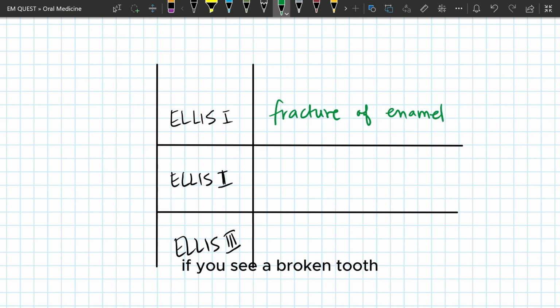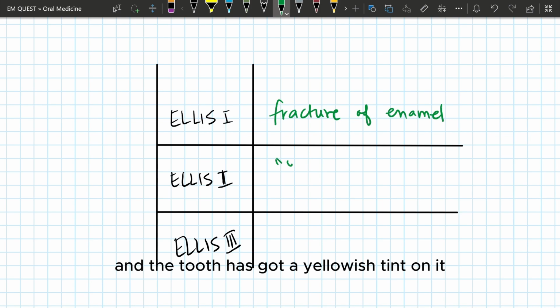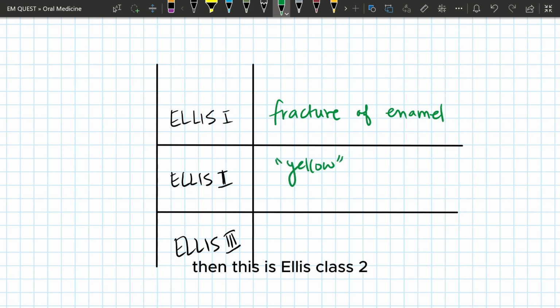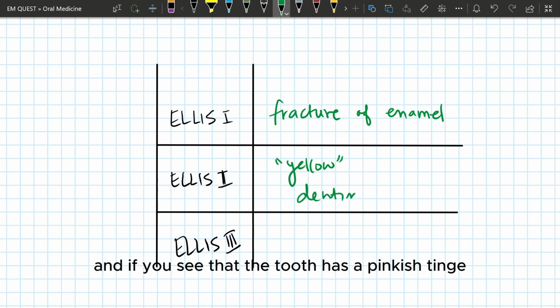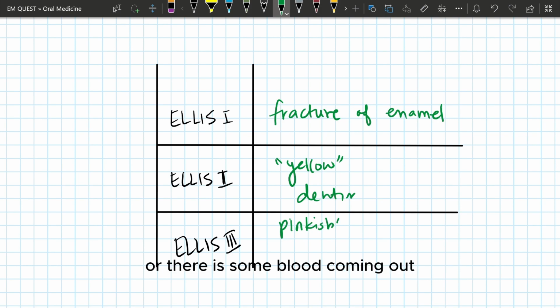If you see a broken tooth and the tooth has got a yellowish tint on it, then this is Ellis class 2 because this is an enamel dentin fracture. And if you see that the tooth has a pinkish tinge or there is some blood coming out, then this is Ellis class 3 because now the pulp is also involved.